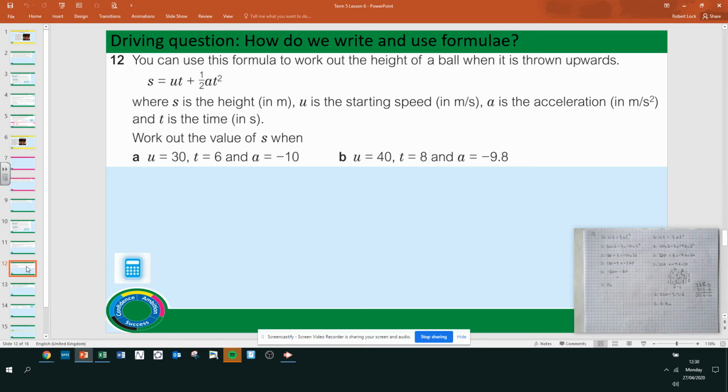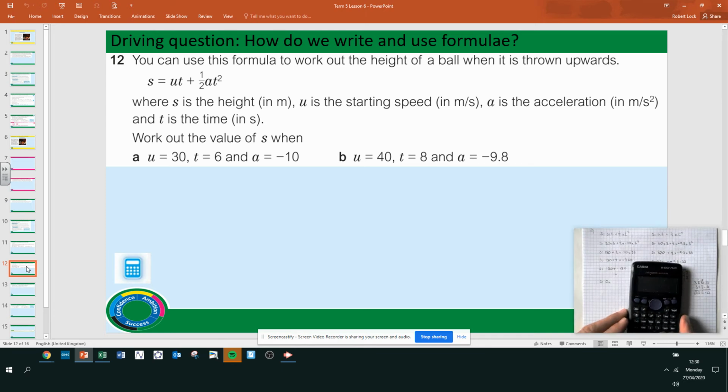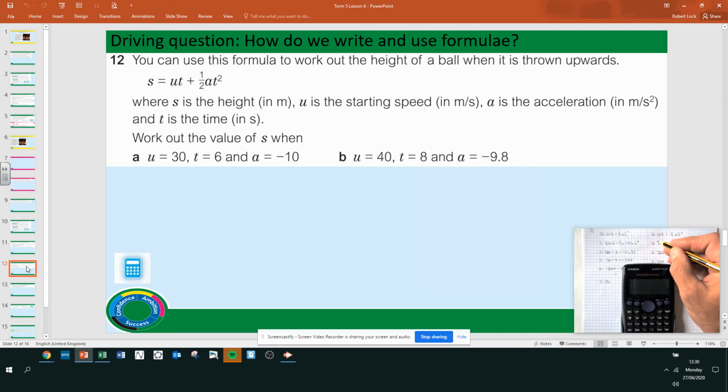Now, it said you could use a calculator. If you can see the screen on my calculator, all well and good. S equals, it's complicated. What we need to do is put brackets around the terms here, it makes it easier.